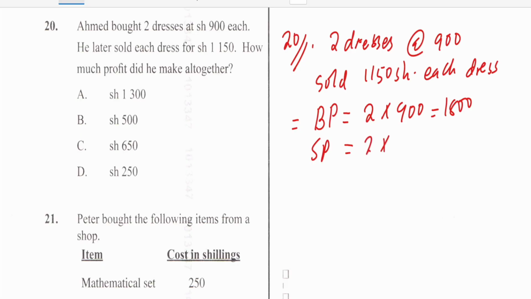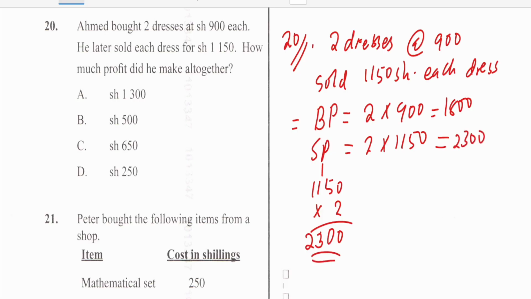So 2 times 1,150. We can multiply here 1,150 times 2. 0 times 2, 0. 5 times 2, 10. 1 times 2, 2, carry 1, gives you 3. 1 times 2 is 2, so 2,300. So he sells it at 2,300.